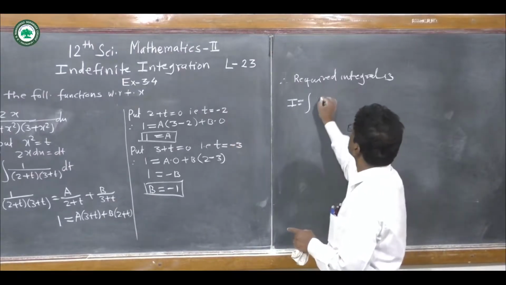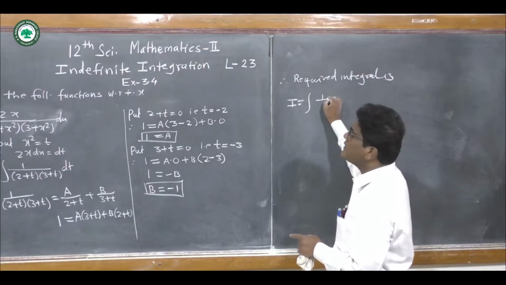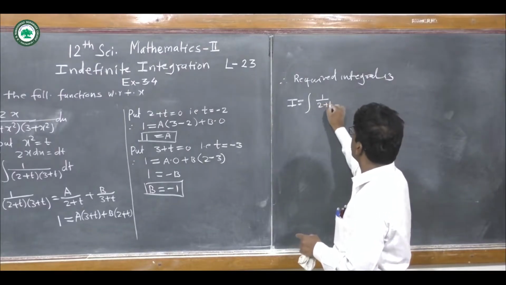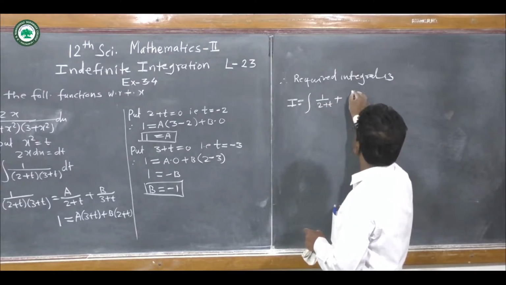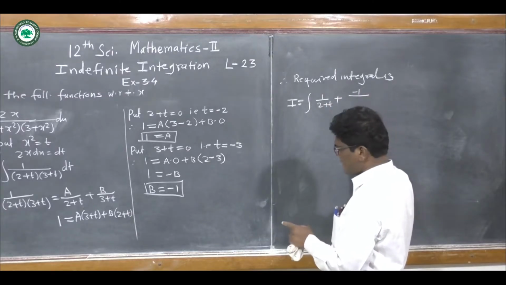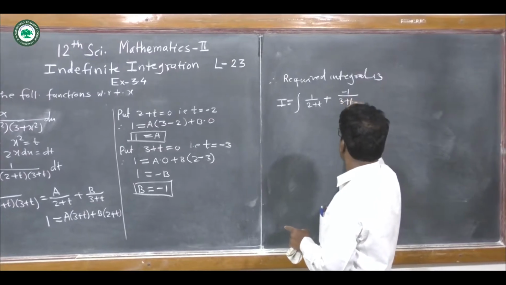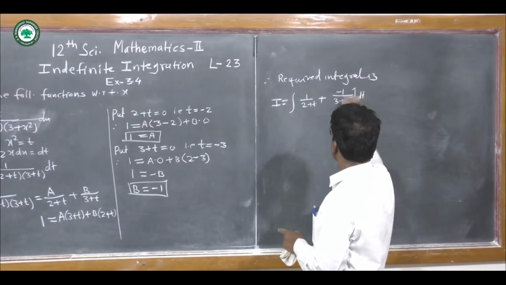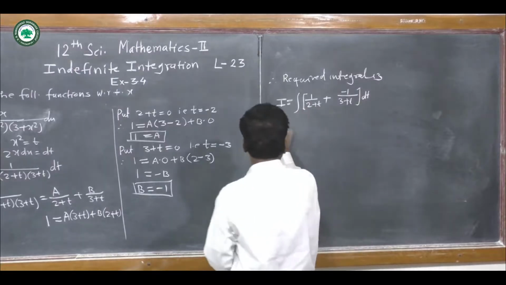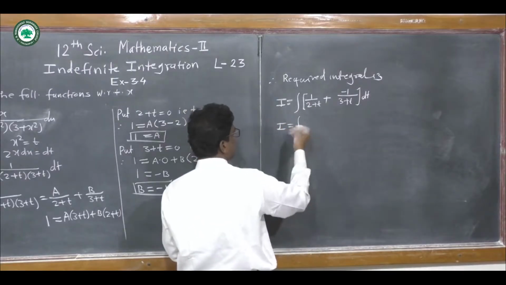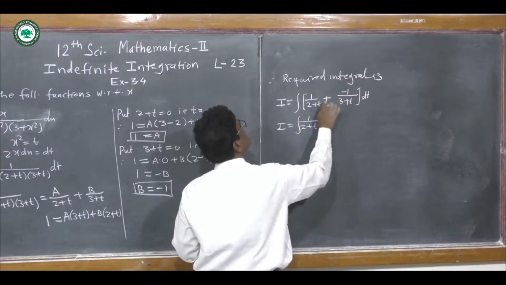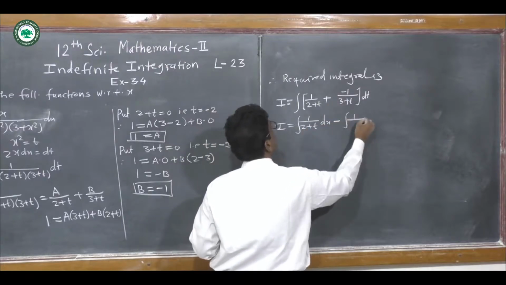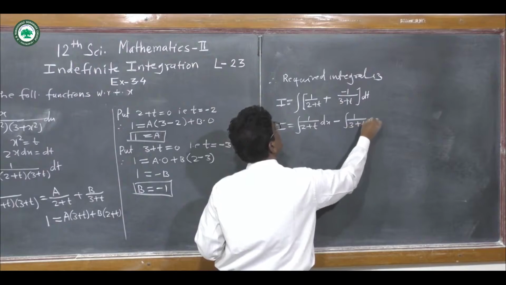A as 1, so 1 upon (2 plus t), middle sign is plus, and put the value of b as minus 1, so minus 1 upon (3 plus t), dt. So I is equal to the integration of 1 upon (2 plus t) dt, this plus minus become minus, the integration of 1 upon (3 plus t) dt.